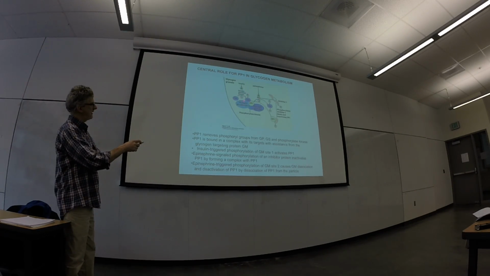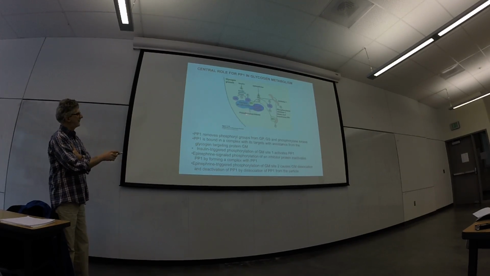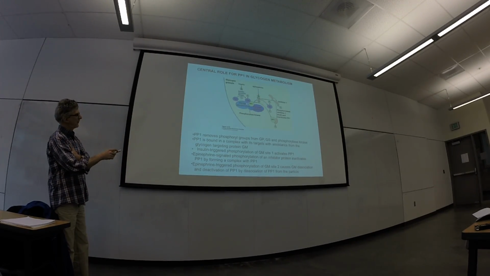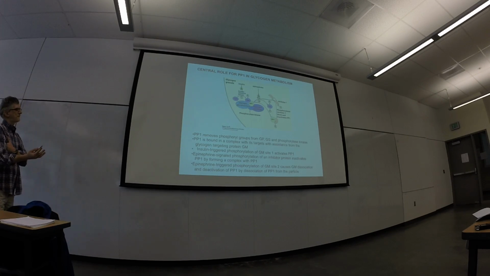It phosphorylates a protein called GM, and when GM is phosphorylated, it sticks in this complex with glycogen phosphorylase, phosphorylase kinase, and glycogen synthase, where PP1 is also associated. So PP1 is the phosphatase. Right? So insulin, by phosphorylating GM, keeps PP1 in the particle, and therefore PP1 can act on all three of these.